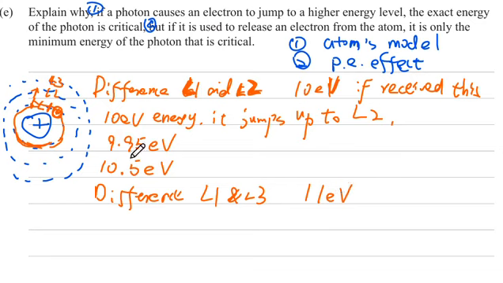So if it receives 10.5 electronvolts, can it jump to level 2? No, it can't, because for level 2 I only need 10 eV. Can it jump to level 3? No, it can't, because it needs that amount of energy. So the exact value is the most important thing.